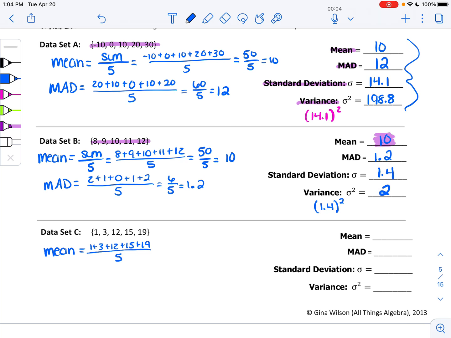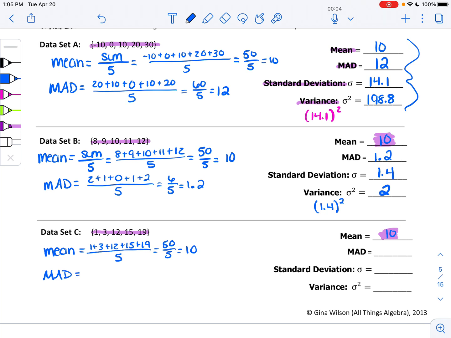When I add those together, I get 50, divided by 5 is 10. Now, it may seem that your mean is always 10, but that is just a coincidence for these first 3 problems. Next, we're going to compare each value in our set to that mean of 10, and that's going to help us find our MAD.